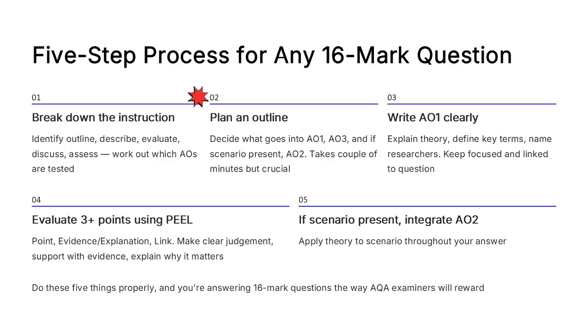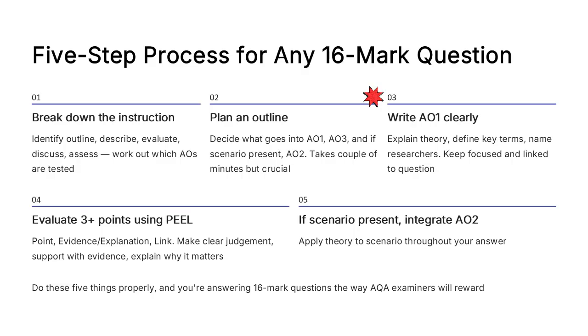Second, plan a skeleton outline before you write. Decide what goes into AO1, what goes into AO3, and if there is a scenario, what needs to be applied for AO2. This planning step takes a couple of minutes, but it's very important.